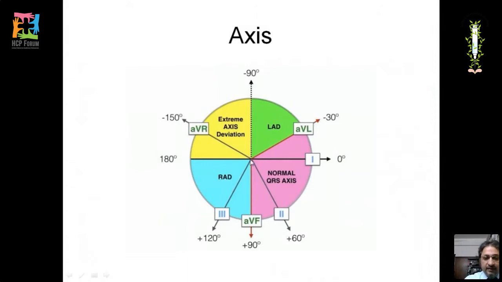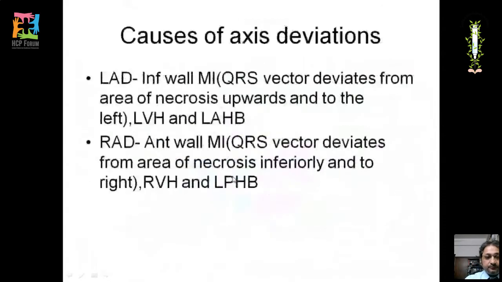So when the left anterior fascicle is blocked, the impulse will go through the posterior fascicle superiorly and towards the left side, and therefore there will be a left axis deviation. And when there is left posterior hemiblock, the impulse will come through the left anterior fascicle inferiorly and towards the right, and therefore there will be a right axis deviation. So that explains why we get this left and right axis deviation in these conditions.